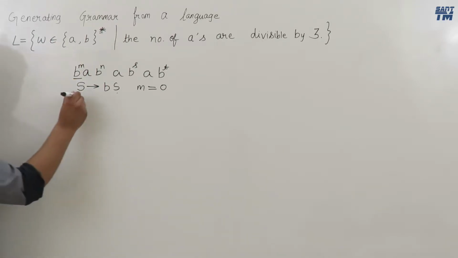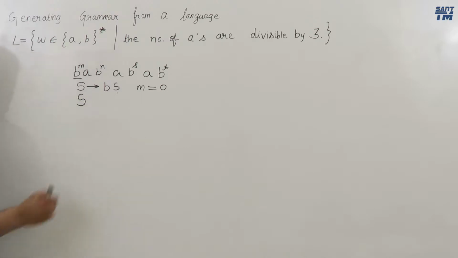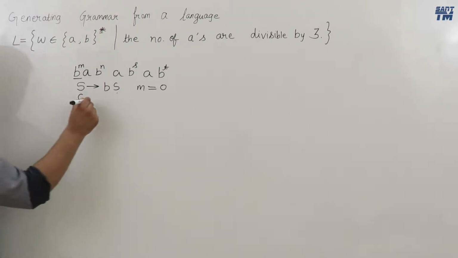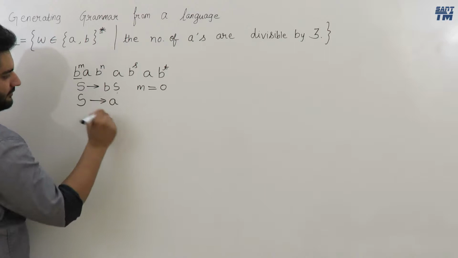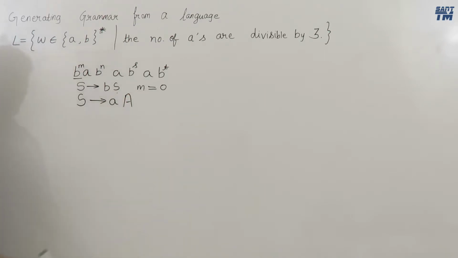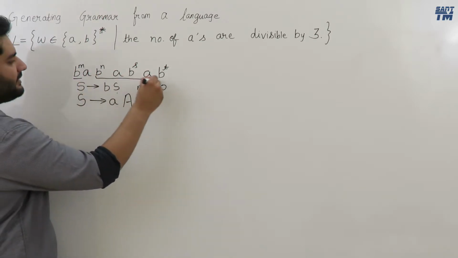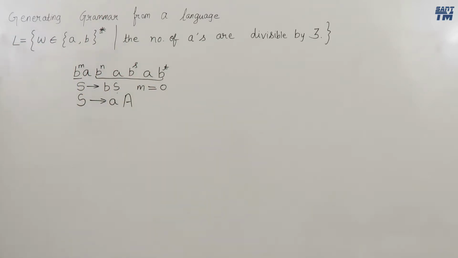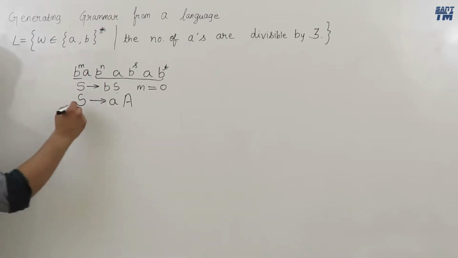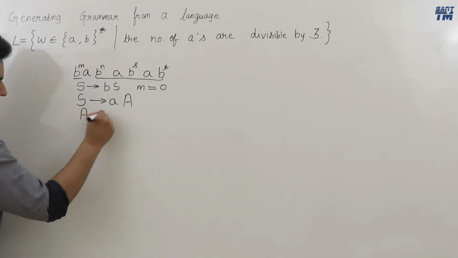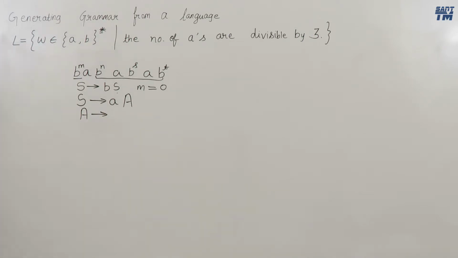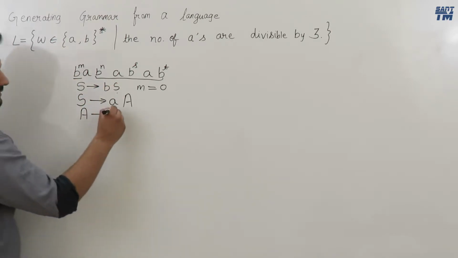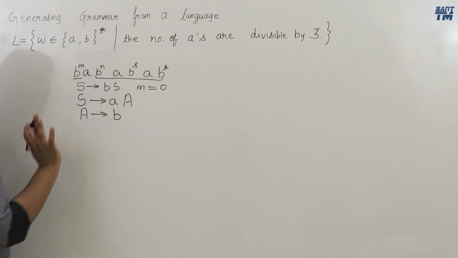For that there should be a production rule from the start symbol S such that it derives A followed by a non-terminal capital A, such that our string is starting from this A and the rest we consider in this non-terminal A. Now we have reached till here, and this non-terminal A has to be substituted starting with B. So A derives B, where this B is covered.